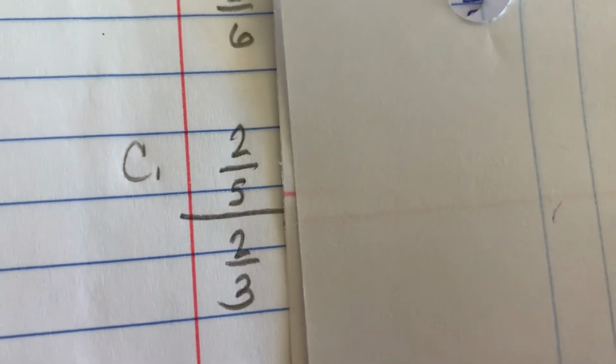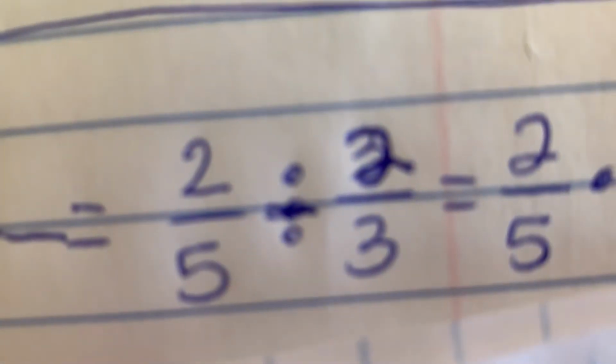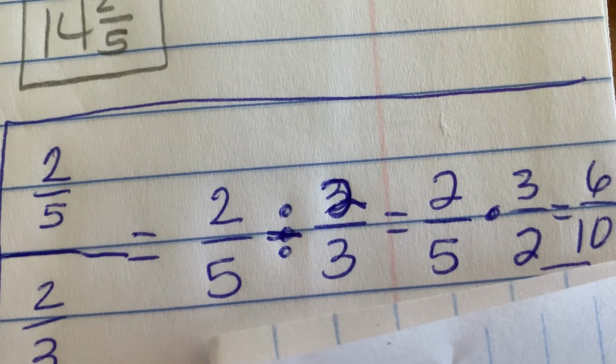Okay, all right, here we go. This fraction looks similar to things we've done before, 2/5 divided by 2/3, and I'm going to skip over and show you what we would normally do, or what we've done in the past. It looks like this problem, 2/5 divided by 2/3.